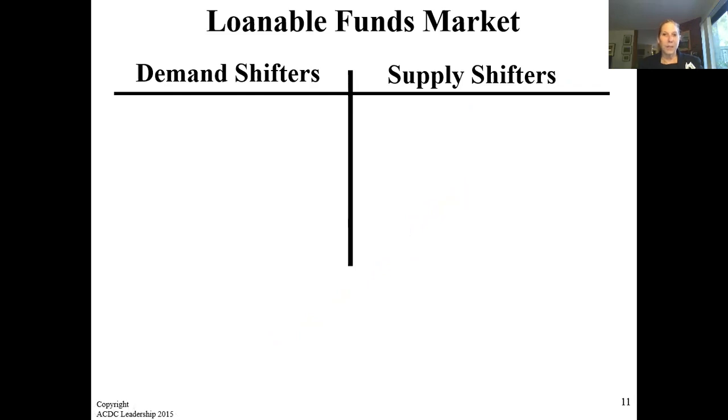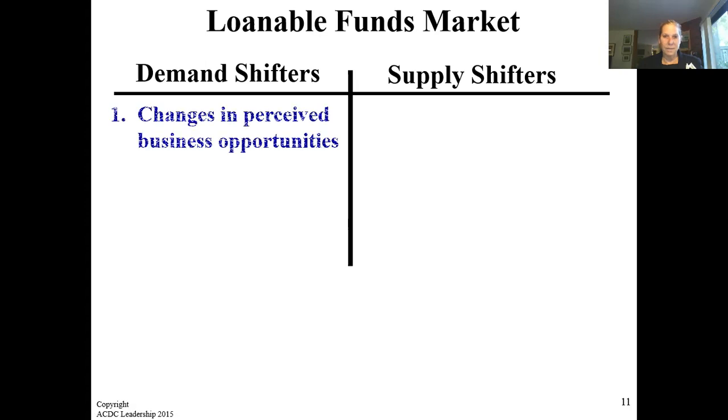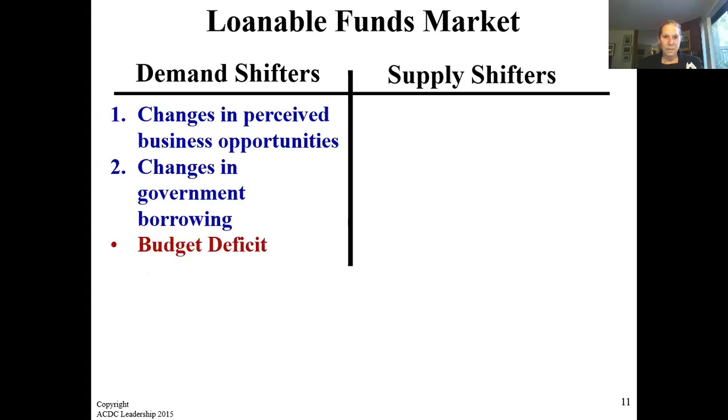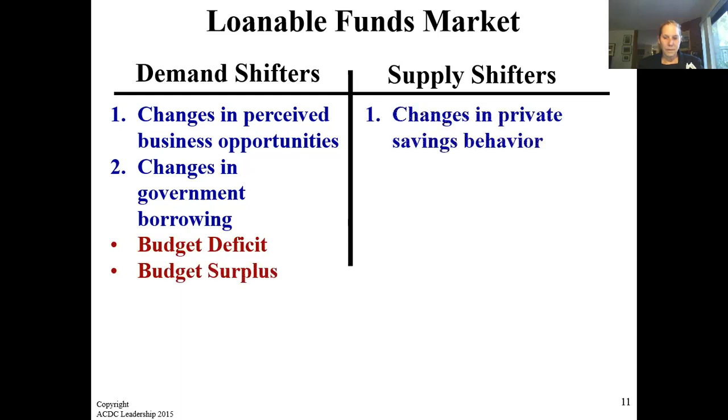Okay, loanable funds market, we have demand shifters and supply shifters. So here they are. Demand shifters are changes in perceived business opportunities and changes in government borrowing. In other words, budget deficit or budget surplus will create a demand shift in the loanable funds market.